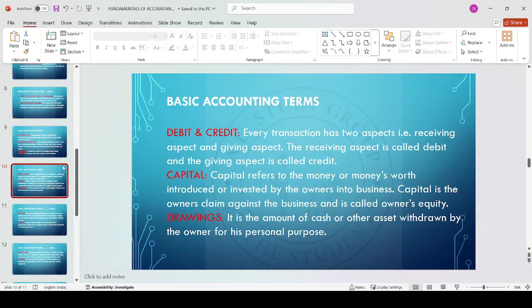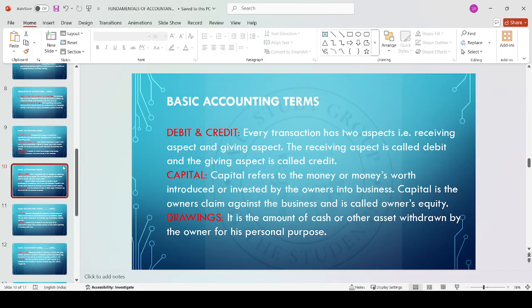The receiving aspect is called a debit and the giving aspect is called a credit. This is the foundation of the double entry system, which we'll explore in more detail later. Think of it like a seesaw. For every action on one side, there is a corresponding action on the other side. That is what double entry bookkeeping is. So debit and credit go simultaneously.